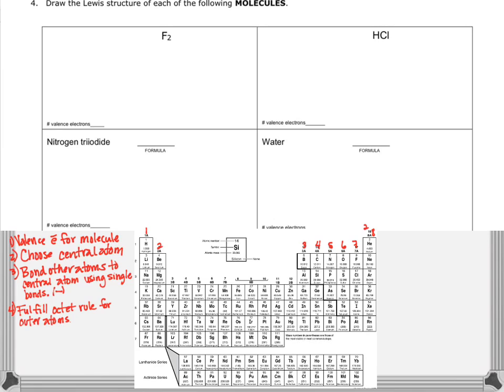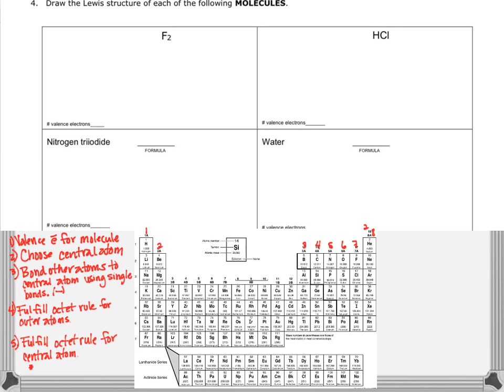Last, fulfill the octet rule for central atom. Okay, and this last step can also include, like maybe in this case, this is where you would have to share additional bonds.